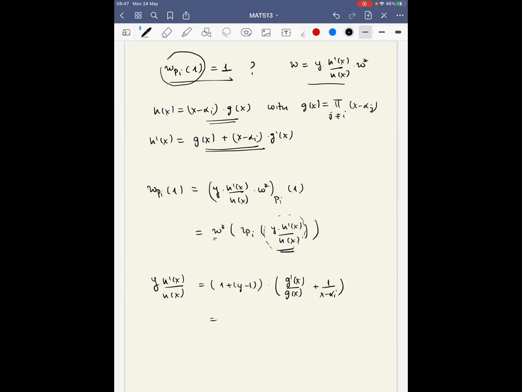And by opening the parentheses, we will write it as 1 minus x, 1 over x minus alpha_i, y minus y times x minus alpha_i.